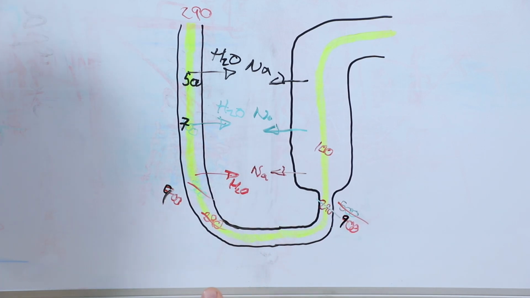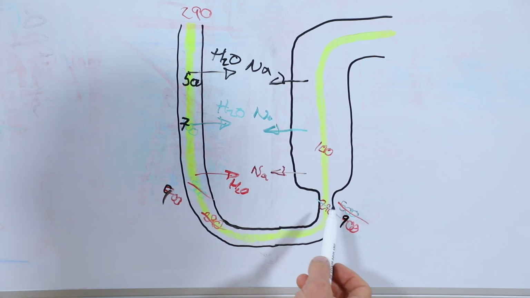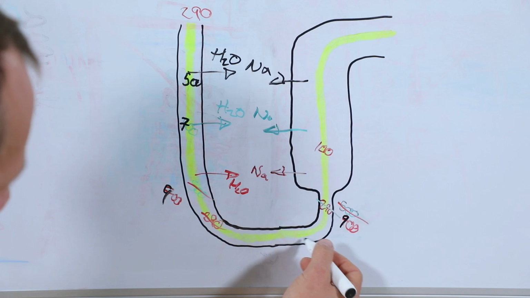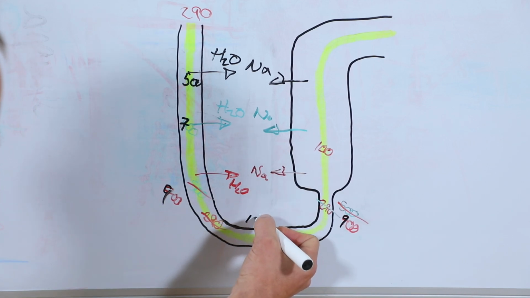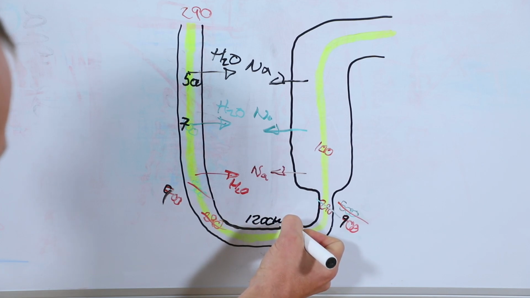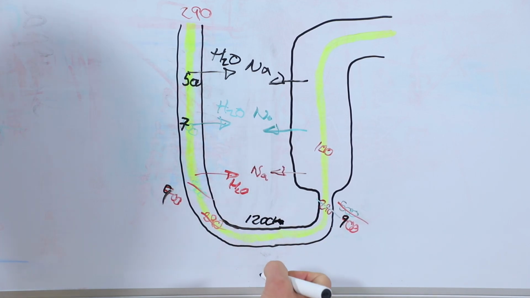And your kidney has an ability to do this until it gets down to a concentration down in the deep part of the loop that is 1200 milliosmoles per litre. Milliosmoles per kilo. We'll forget about the units.